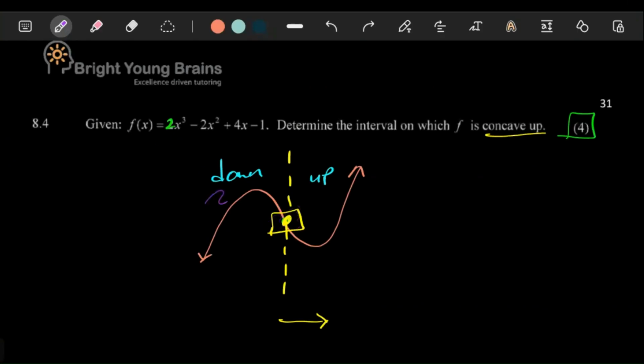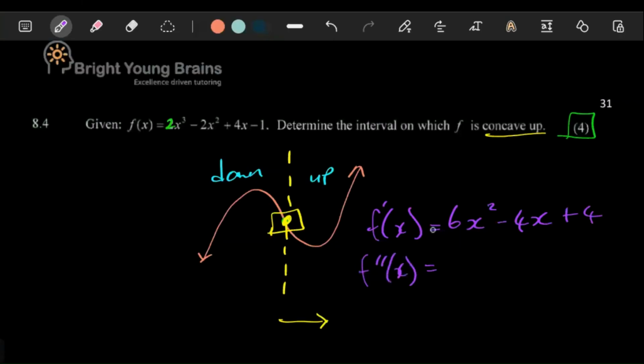So differentiating this expression twice, let's see, f'(x) is equal to 3 times 2 is like 6x squared, minus 4x, and then a 4. Differentiating 1 just falls away. So this is the first derivative.